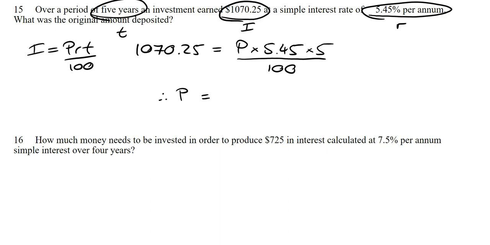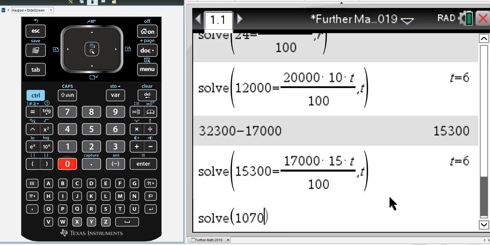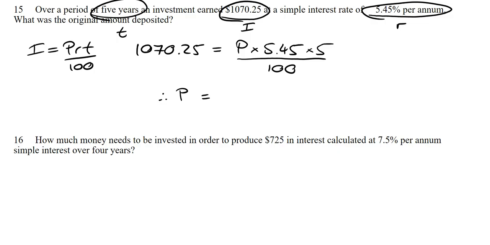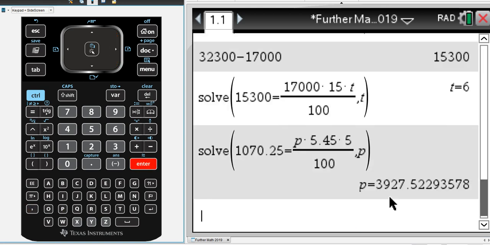So 1070.25, so menu 3, 1070.25 equals fraction, I don't know, P, times the rate, which is 5.45, times 5 years, over 100, solving for P, $3,927.52.